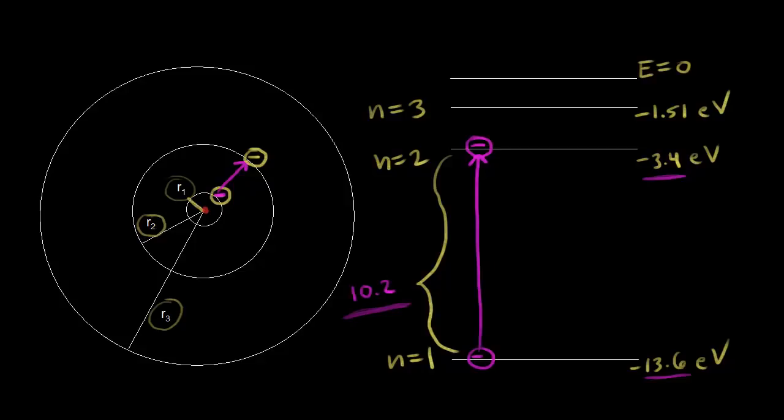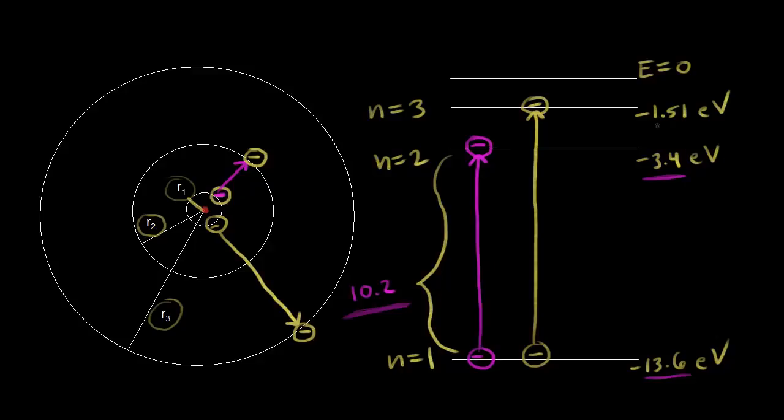All right, let's say you wanted to cause the electron to jump from the first energy level all the way to the third energy level. So here's our electron in the first energy level. Let's say we wanted to cause it to jump all the way up to here. Once again, you would have to provide enough energy in order to do that.